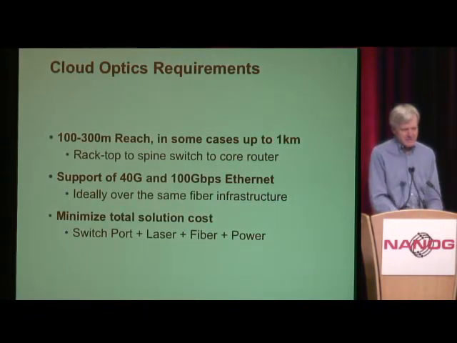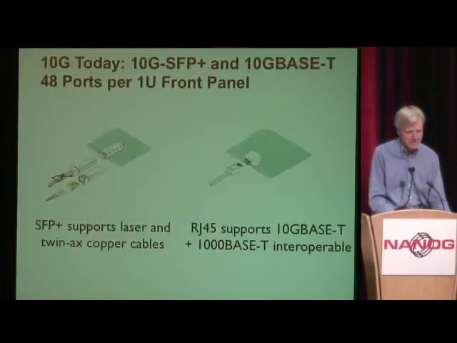So in the 10 gigabit world, there are relatively low cost optics to do this, but for 40 and 100 gigabit, the optics that are currently the IEEE standards are the so-called LR4 optics, which are quite a bit expensive. And the key is to minimize the total solution cost, which is the combination of switch port, laser, fiber, and even power consumption.